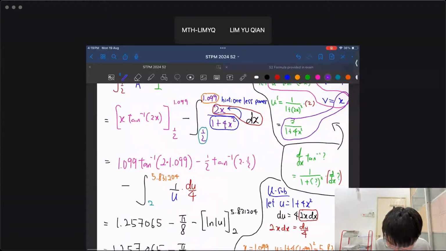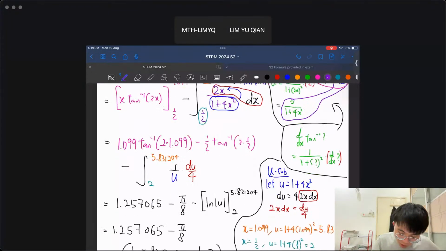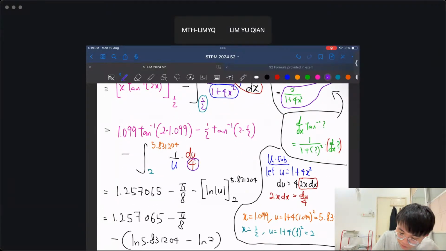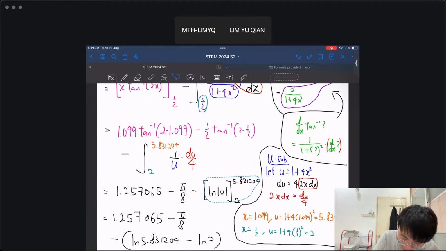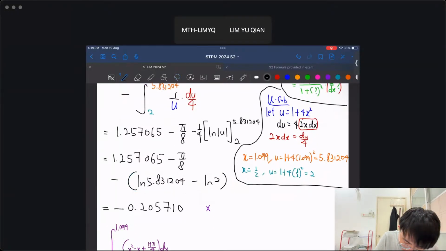Minus 1 over 2 arctangent 1. Arctangent 1 is pi over 4, so pi over 8. Okay, minus with this one. Oh, there's an over 4. Okay, here is an over 4. See the error already. So 1 over 4, this one. So you did multiply by 1 over 4. Okay, so let's redo this one.